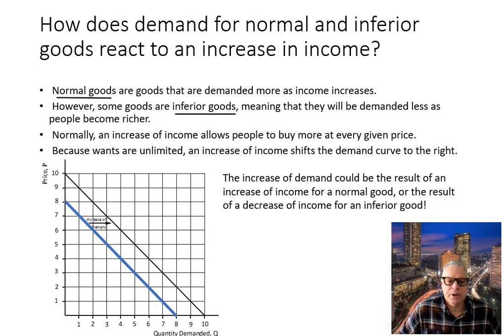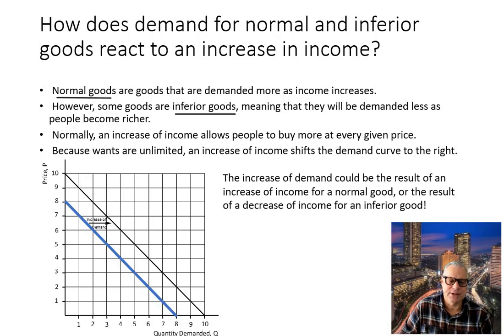Okay. In other words, the increase in demand could be the result of an increase in income for a normal good, or the result of a decrease in income for an inferior good, right?